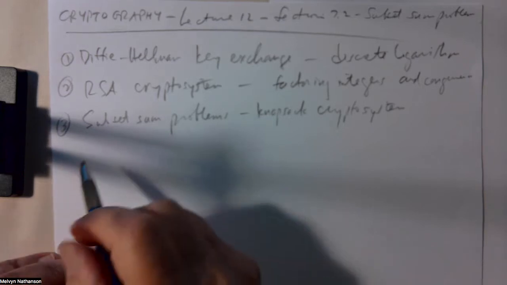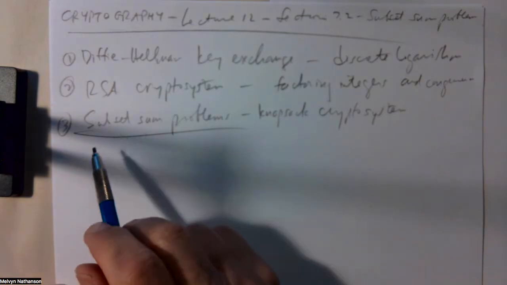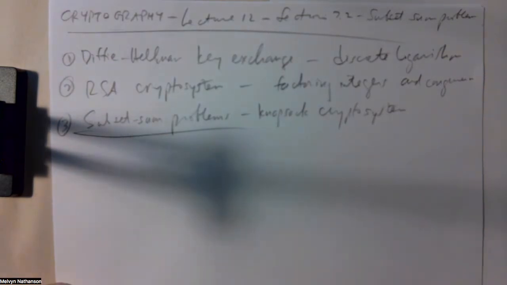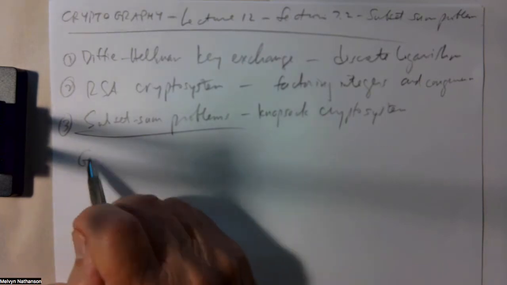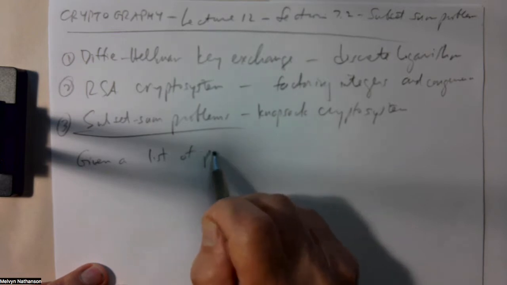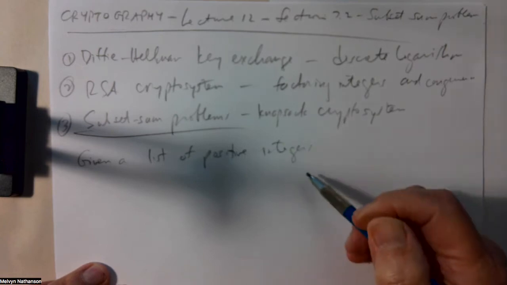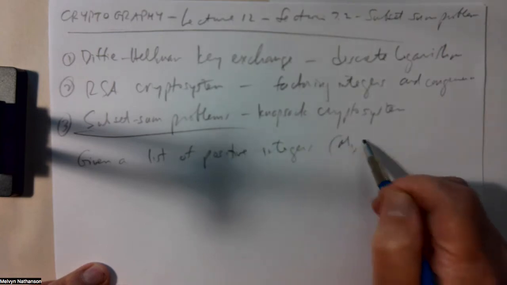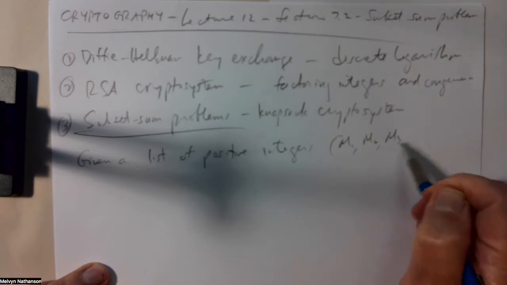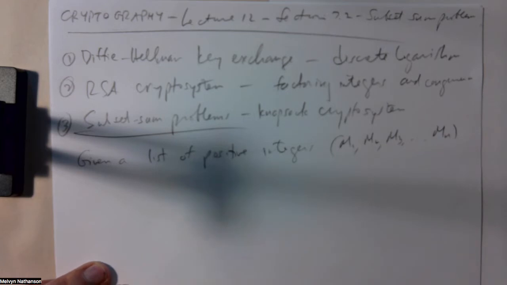So the subset sum problem is the following. Suppose you're given a list of positive integers, M1, M2, M3. So this is a sequence. They're not necessarily in order, not necessarily increasing, but they are positive integers.